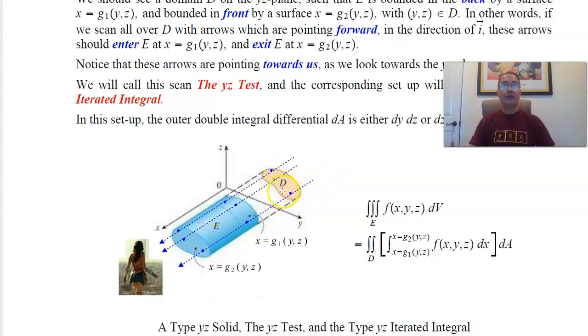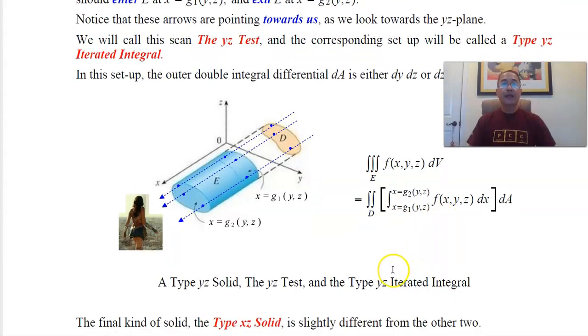So you're supposed to enter the yz plane at a common projection of the solid onto the yz plane. So there's your domain now. You will enter at a back surface, x equals g1 of yz, and then you will exit at a front surface, x equals g2 of yz. So here's the setup, and of course we're just basically permuting the letters around. So you got the idea.